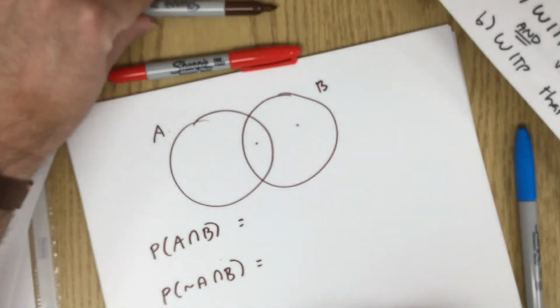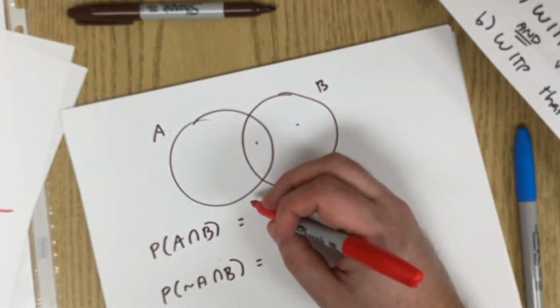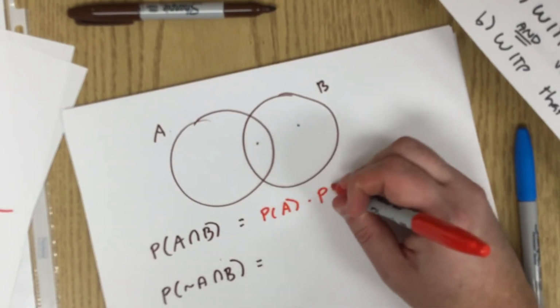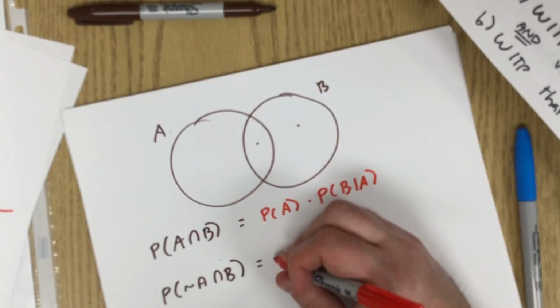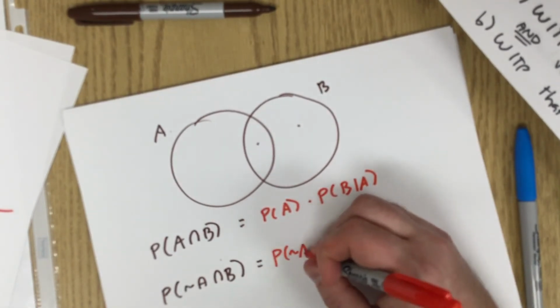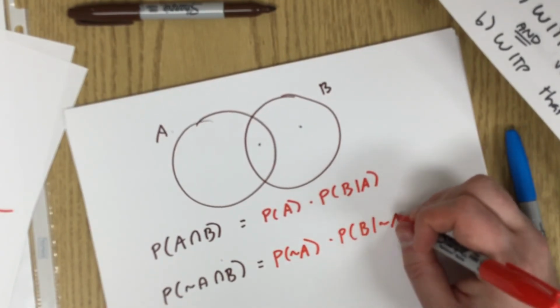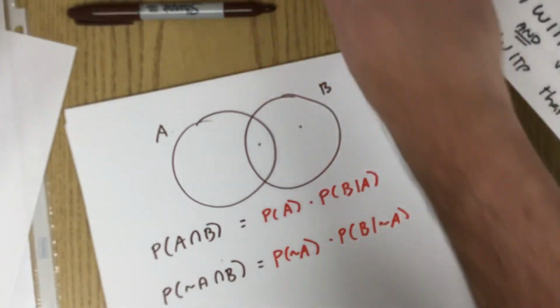Now the probability of A and B is going to be the probability of A times the probability of B given A. This one is going to be the probability of not A times the probability of B given not A. Now we're just going to add those together.